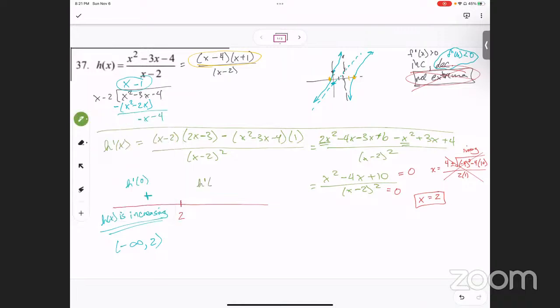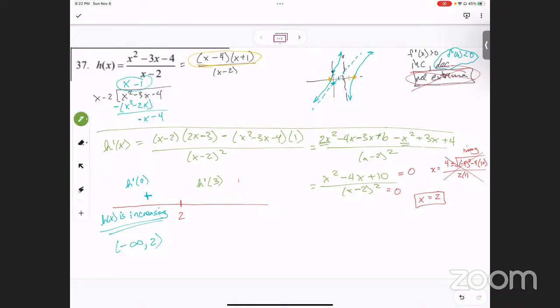Now we're going to plug in something to the right of 2. Pick a number. 3. Sure, good choice. When I plug in 3 into here, I'm going to get 9 plus 10 minus 12, which is a positive.